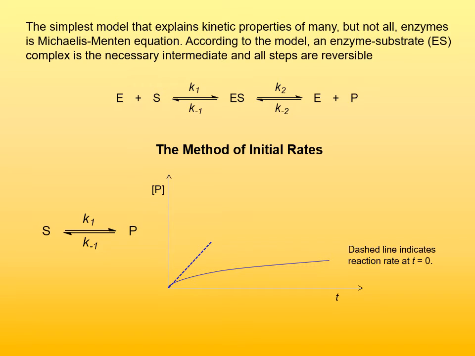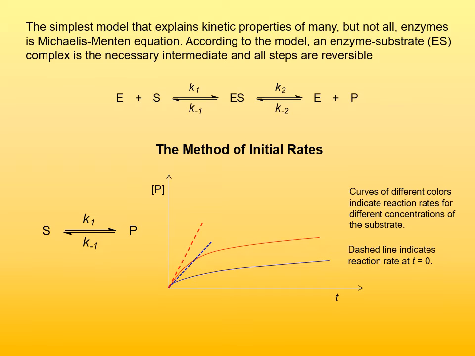Then we repeat that process for different concentrations of substrate. We increase the concentration of substrate and again determine the initial rate, or rate at time 0, and do this for several different curves like this. So that's the method of initial rates to determine the reaction rate for the forward reaction.